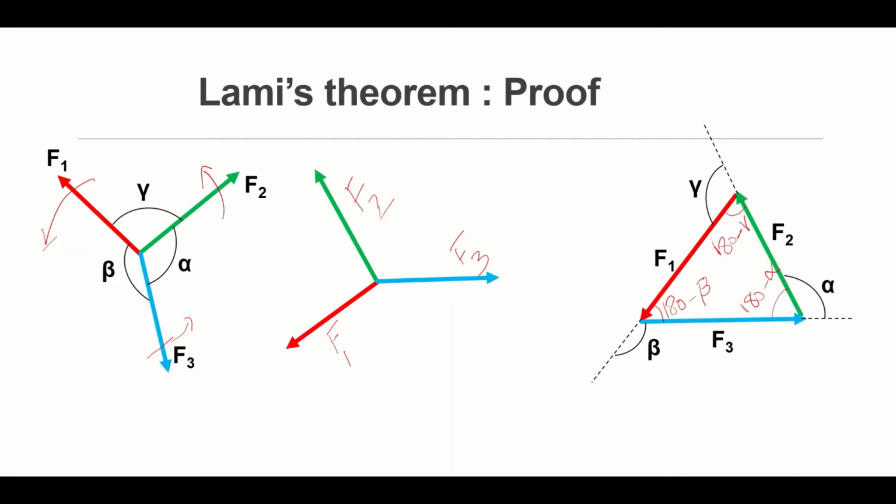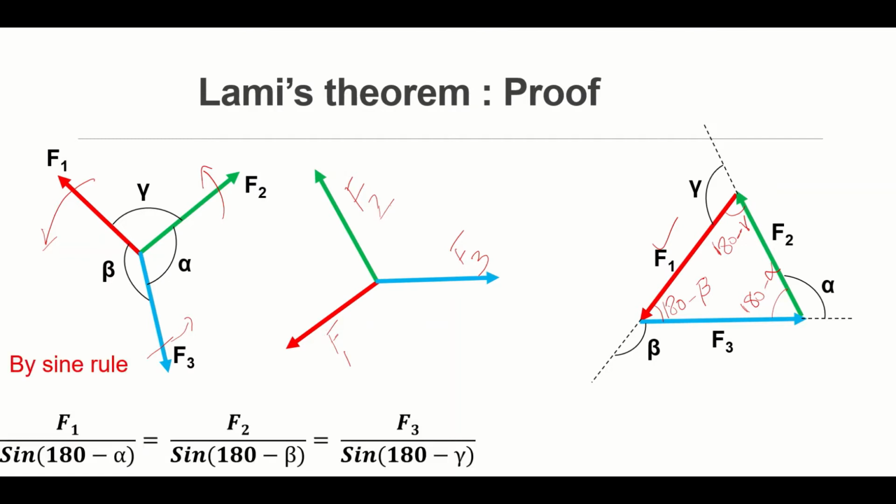Now the sine rule. What is the sine rule? In a triangle, a side and its opposite angle are proportional. That is the sine rule. By the sine rule, F1 by sin(180 minus alpha), the directly opposite angle, equals F2 by sin(180 minus beta) equals F3 by sin(180 minus gamma). And sin(180 minus theta) is sin theta. So directly we can write F1 by sin alpha equals F2 by sin beta equals F3 by sin gamma. This is the proof of Lami's theorem.